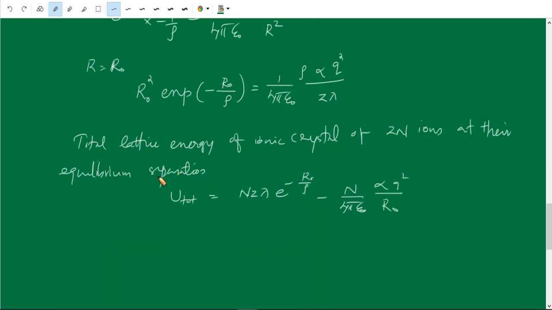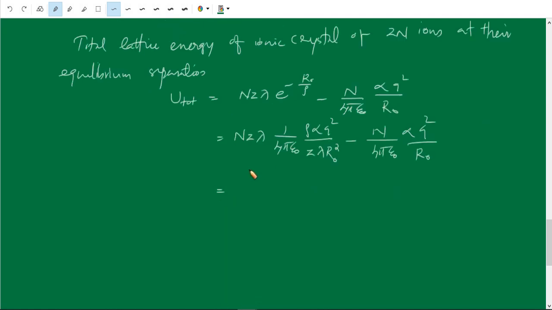Using the above equation, exponential minus r0 by rho can be replaced, giving n z lambda into 1 by 4 pi epsilon 0 rho alpha q square by z lambda r0 square, minus n divided by 4 pi epsilon 0 alpha q square by r0.